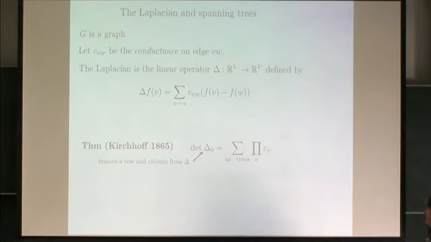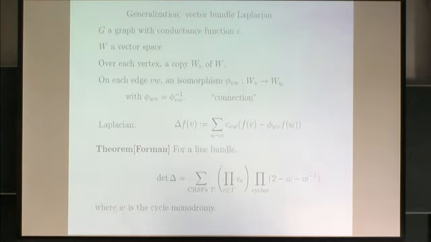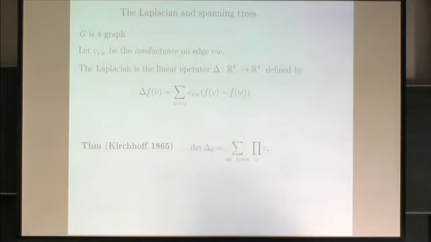Let's call it delta sub 0. You can think of designating one of the vertices of the graph to be the root of the tree, and then you have the Dirichlet Laplacian with that root, and that counts the number of spanning trees. Well, it's a weighted count of spanning trees. If you set all the conductances equal, of course, you get the number of spanning trees.